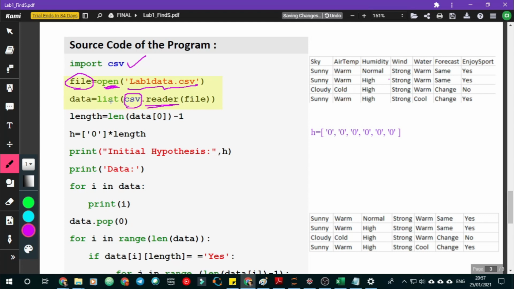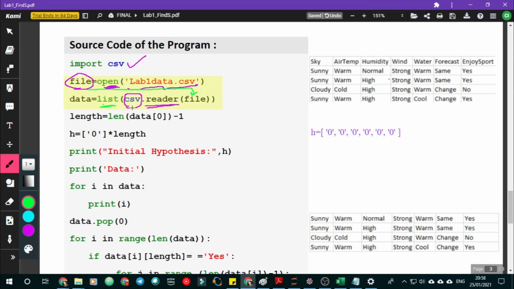I'm using this file handler as an argument to the reader method, csv.reader, and this whole thing is taken as an argument to the list function.